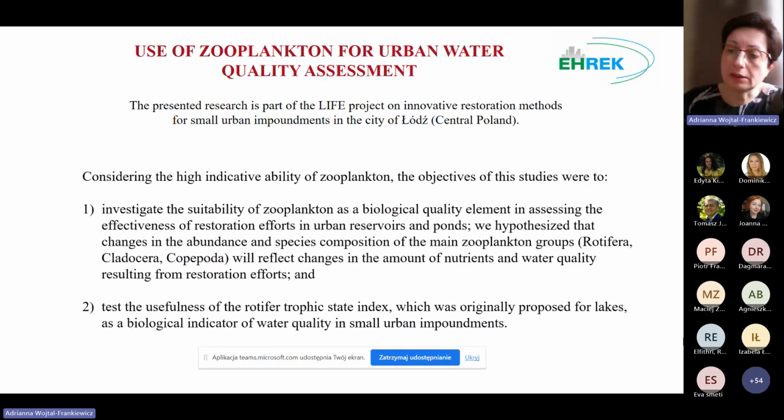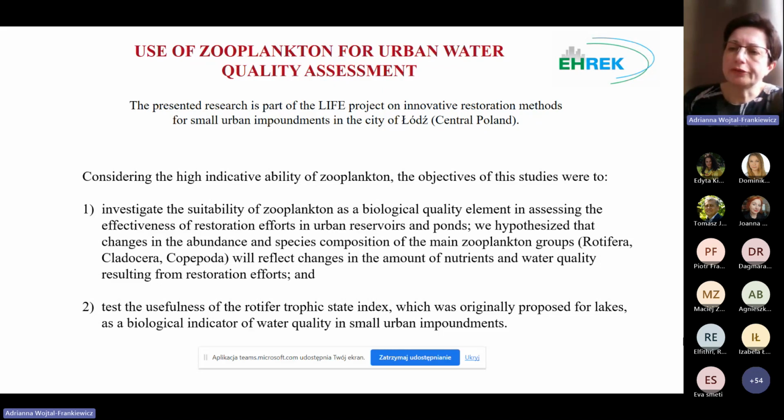Zooplankton-based indices, and in particular the rotifer trophic state index, perform well in water quality studies of urban ecosystems. We tested it as a part of a study on the effectiveness of nature-based solutions in the Arturówek recreation complex in the city of Łódź.